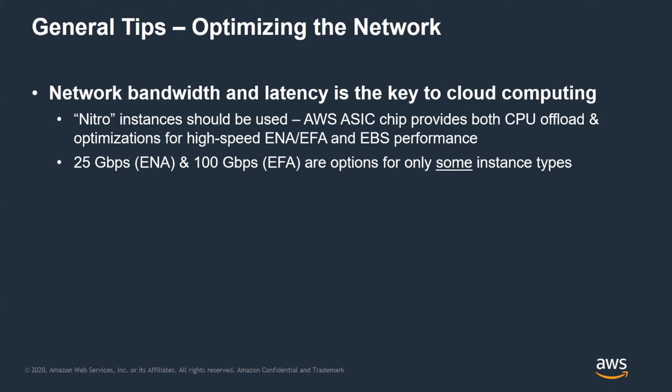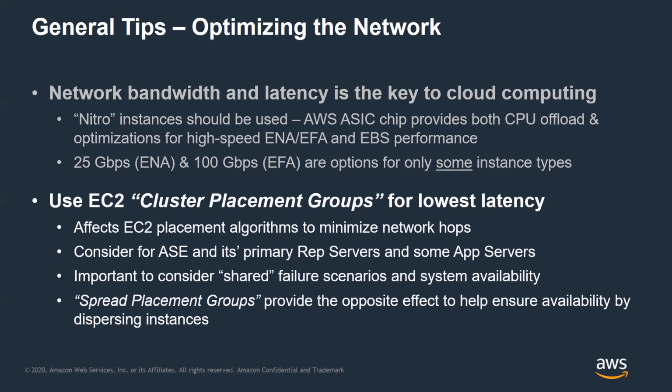We have super high, what we call elastic fabric adapter instances, EFA. Those are the 100 gigabit instance types. They're not everywhere, so you need to definitely look through that.